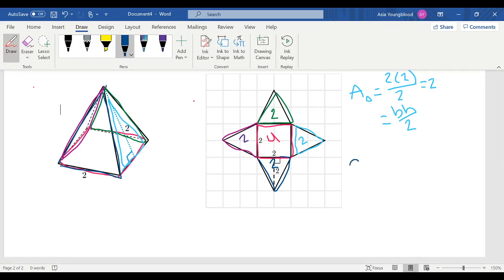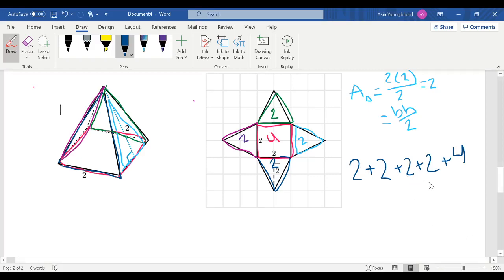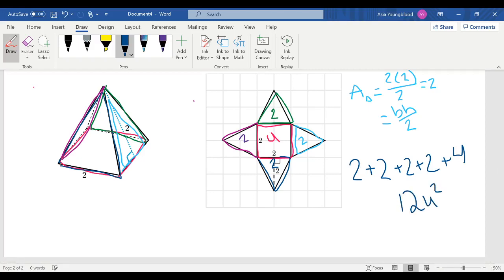So we would have 2 plus 2 plus 2 plus 2 plus 4. So we know 2 times 4 is going to get us 8. 8 plus 4 is going to get us 12. So our final area for this square pyramid is going to be 12 units squared.